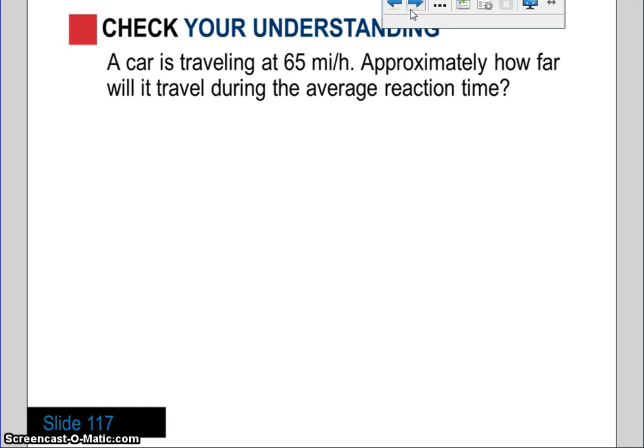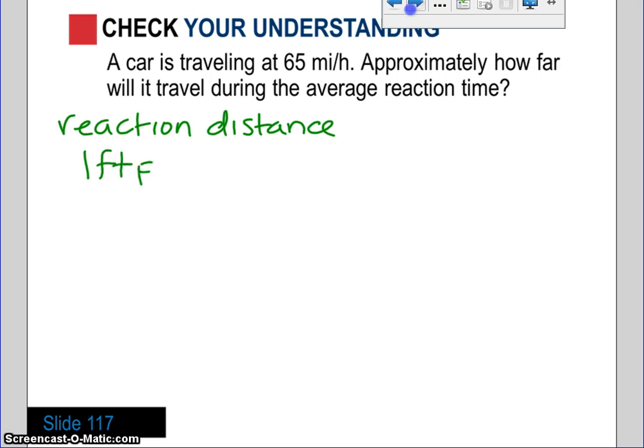Now you should know a general rule of thumb here is that a reaction distance equals 1 foot per mile per hour. So it's 1 foot per mile per hour of speed.